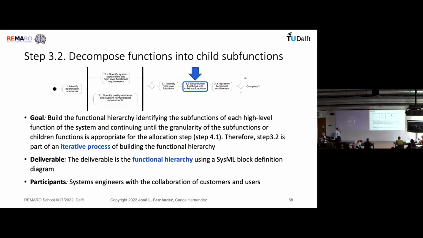Decompose function into child subfunctions. So now is where we start architecting the system, dividing those high-level functions into, okay, so to update the information about the environment, what does this mean? Do we have different inputs and outputs expected from this function? There are sub-functions that can perform those independent transformations, for example.